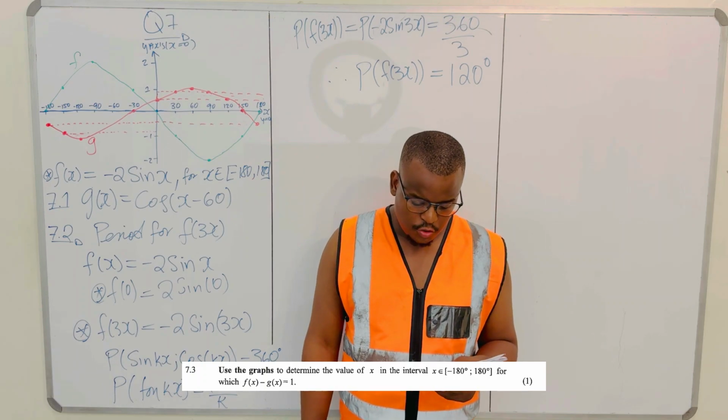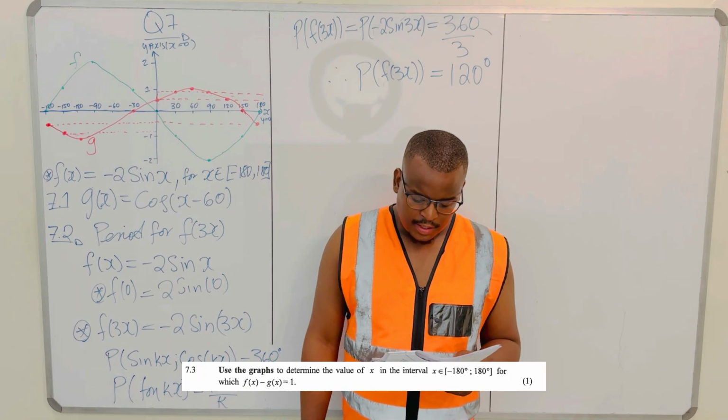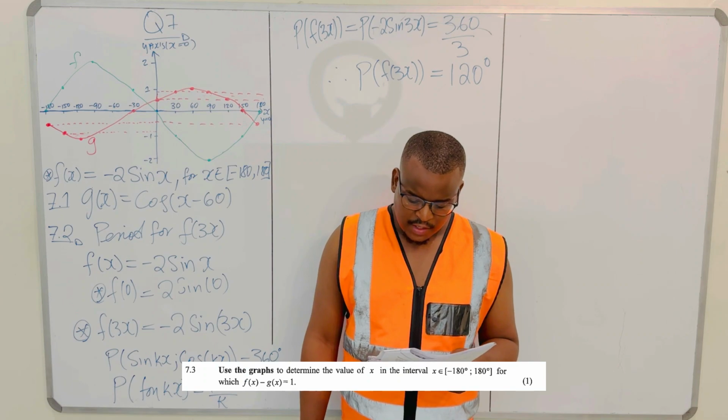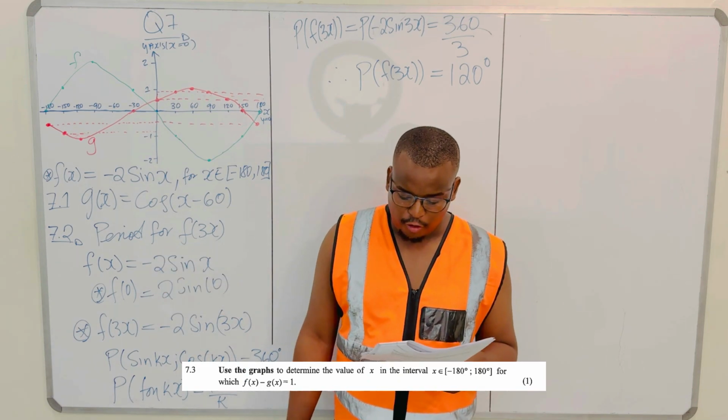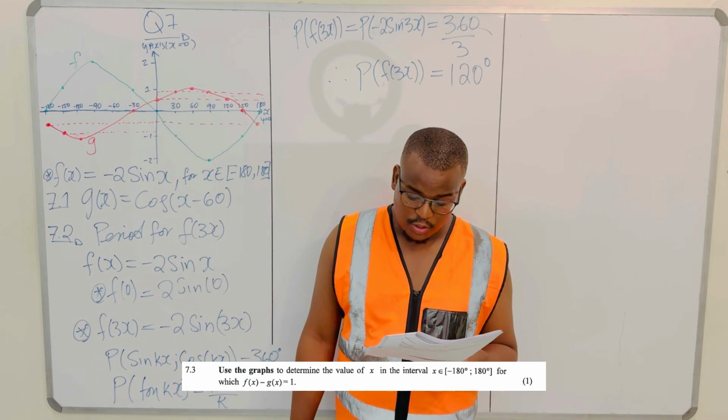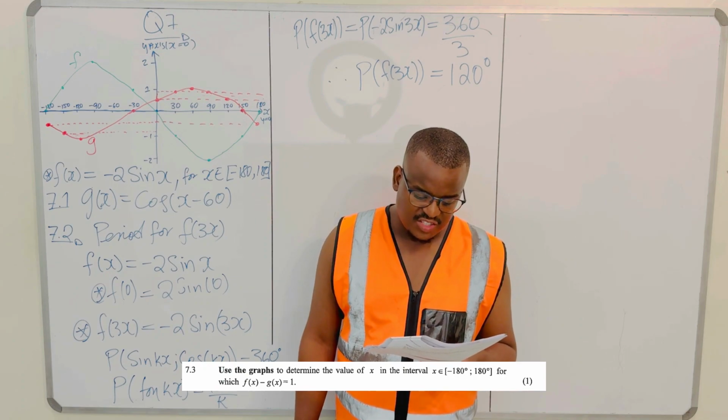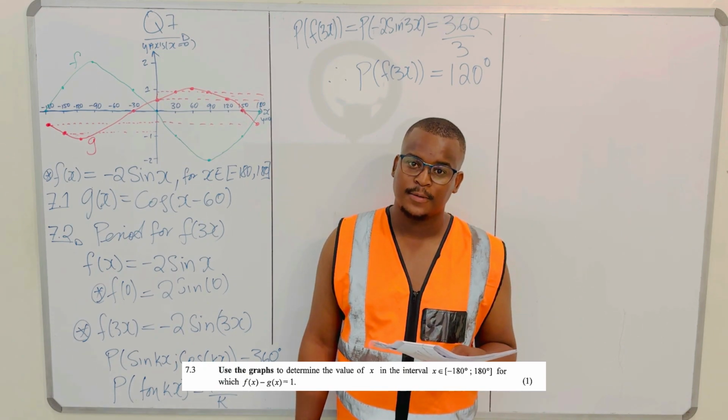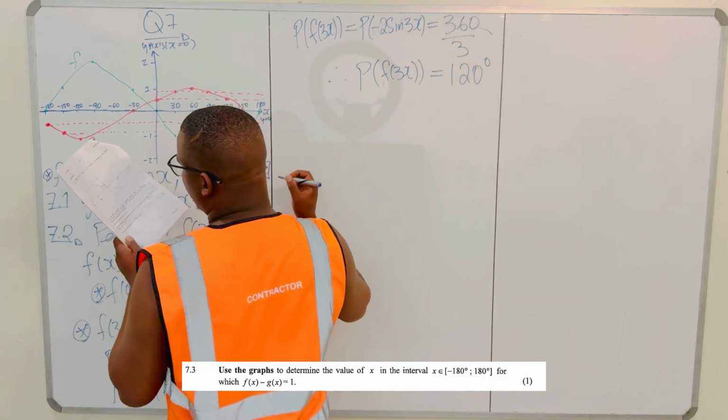7.3. That's saying use the graph to determine the value of x in the interval from minus 180 to positive 180, for which the difference between the functions is equal to 1. Right? This is 7.3.